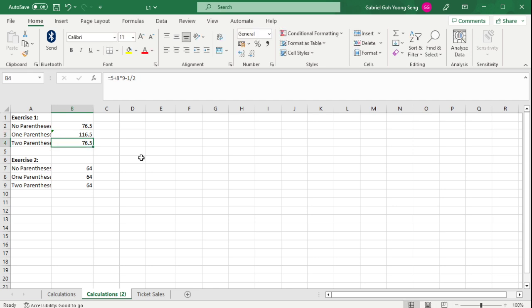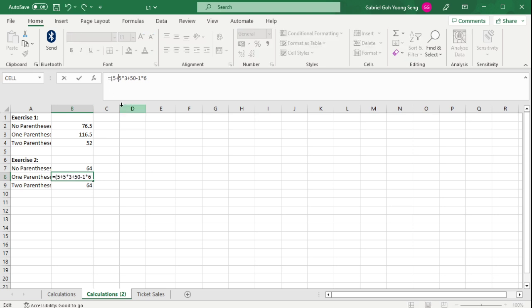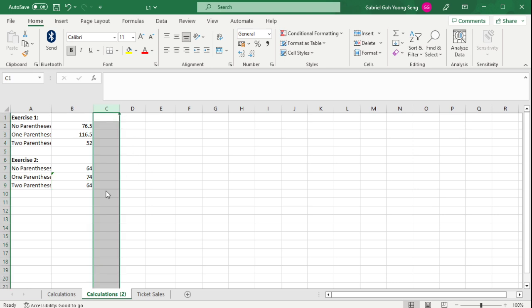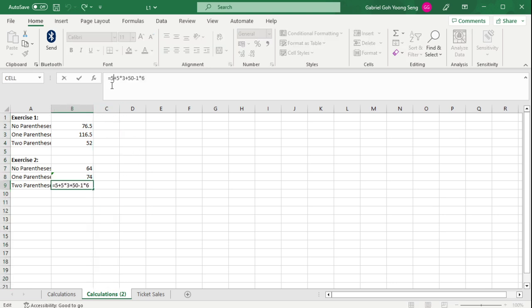So you see that there will be a change in the amount. Similarly, if I put two parentheses here, it will have a different change. You can try this in your calculator, but you notice that the brackets make a big difference. Similarly, you can test this out if I have one parenthesis, and then two parentheses.